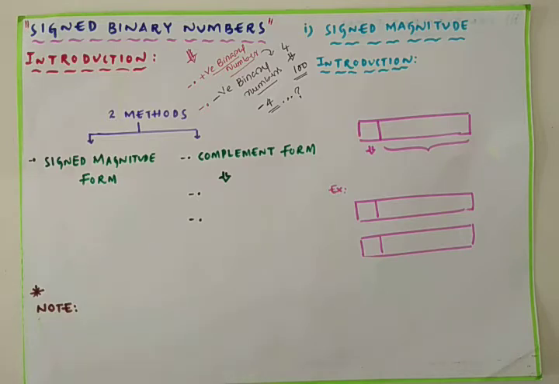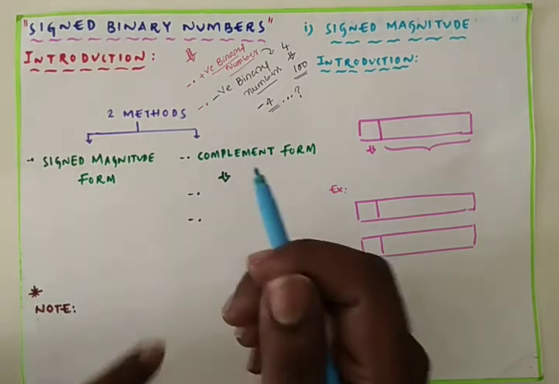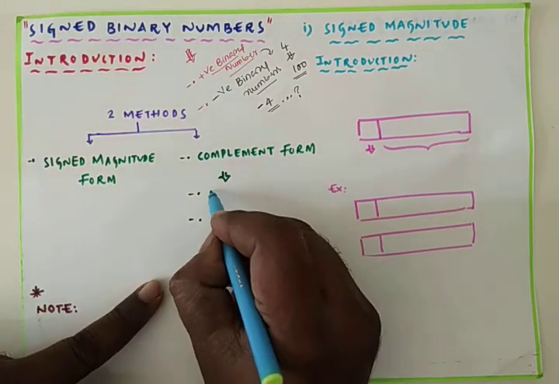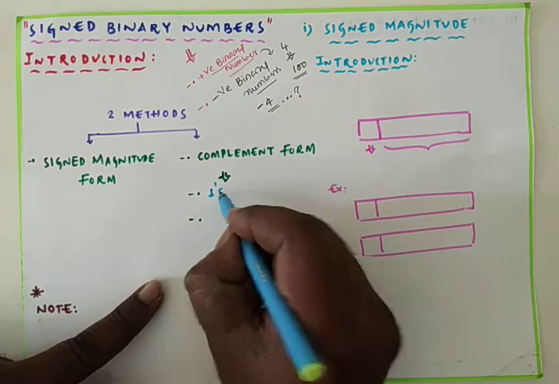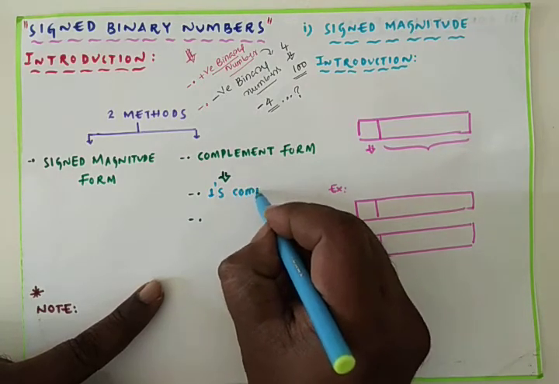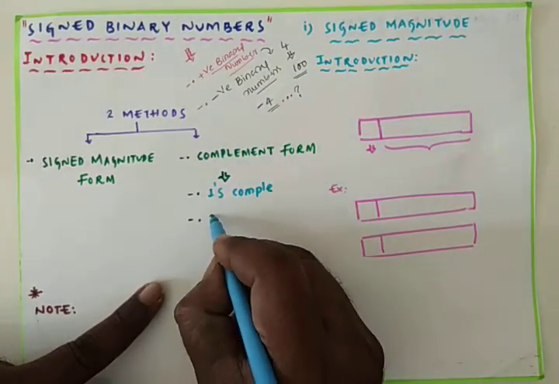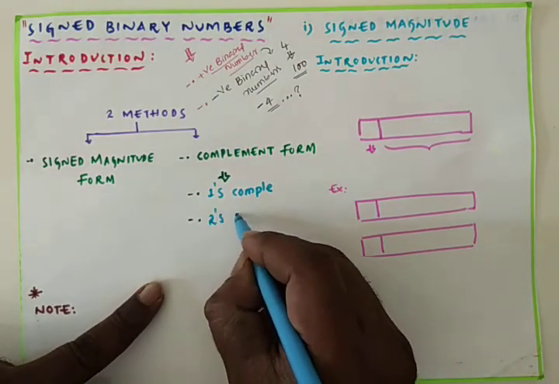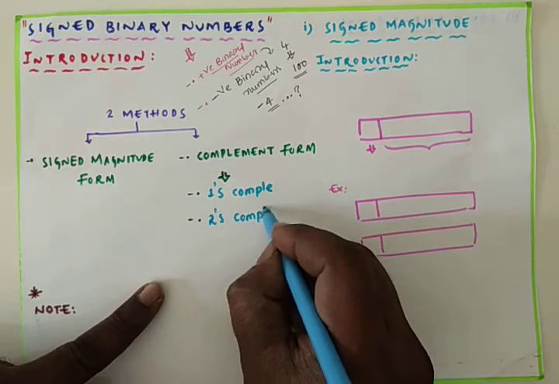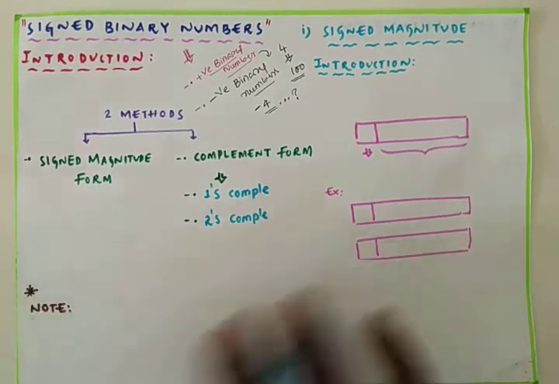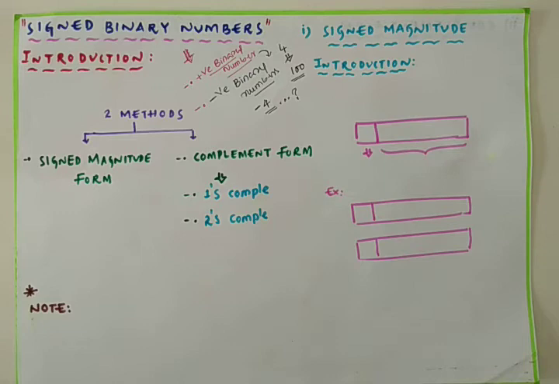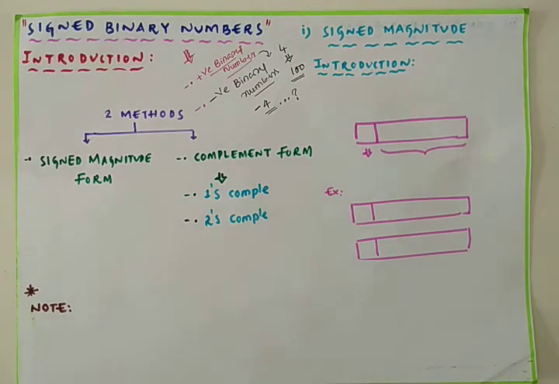In complement form, again we are having two more methods, and we know the complements, that is ones complement and twos complement. Using the ones complement method, we can represent the negative binary numbers. By using the twos complement method, we can represent these negative binary numbers. So here the point is very clear.